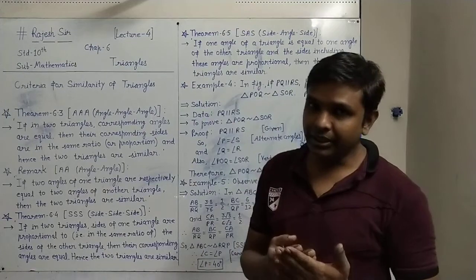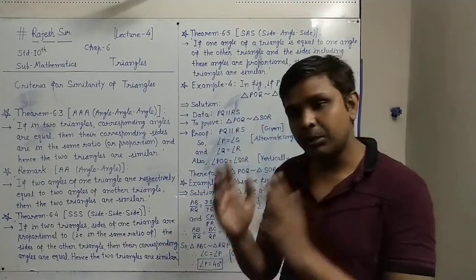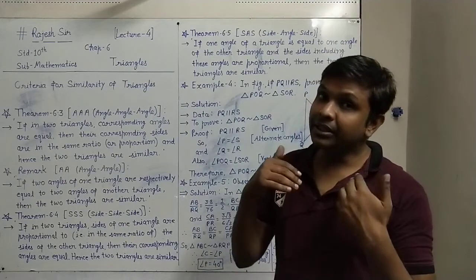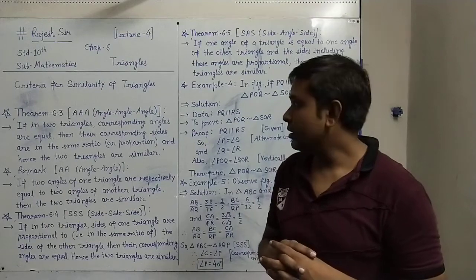If you see that 3 corresponding angles are equal, then you will find that the 3 sides will be in proportion.